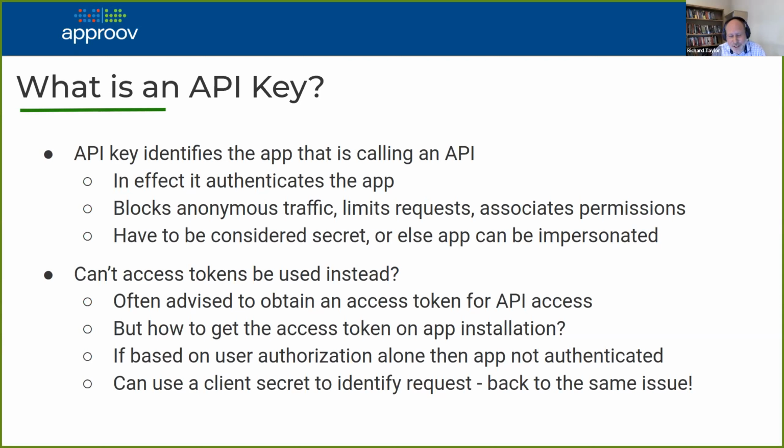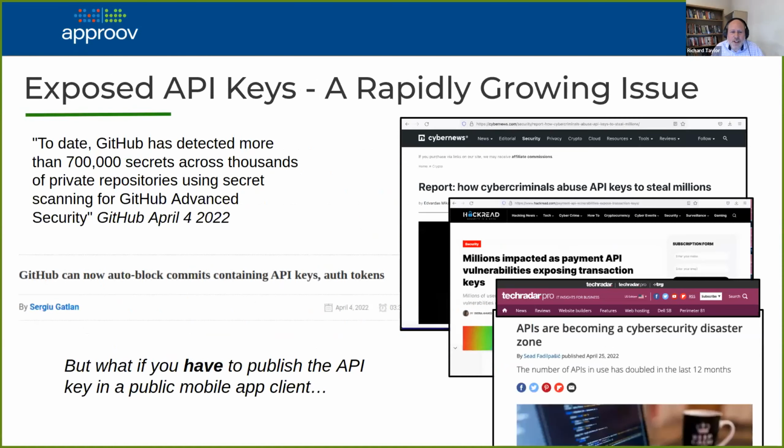So then you get to the situation where you're talking about using a client secret in order to protect that initial request, and essentially you're back to the same problem. Instead of having an API key, you have some kind of client secret, but again, it's something that needs to be protected. So there's quite a lot of discussion about what can go wrong if API keys are exposed. This is a general problem.